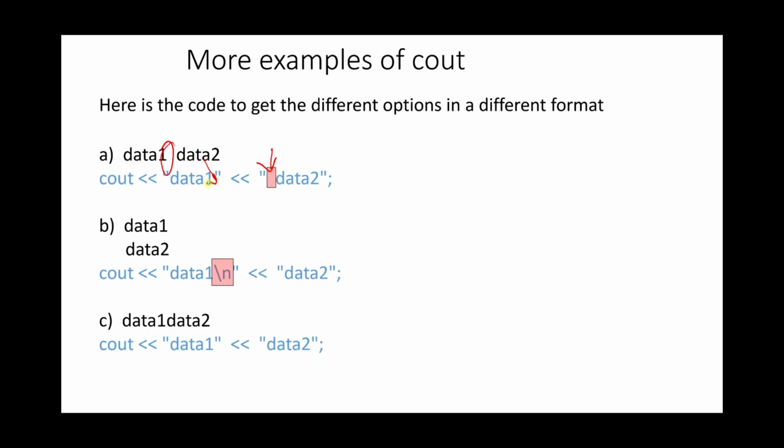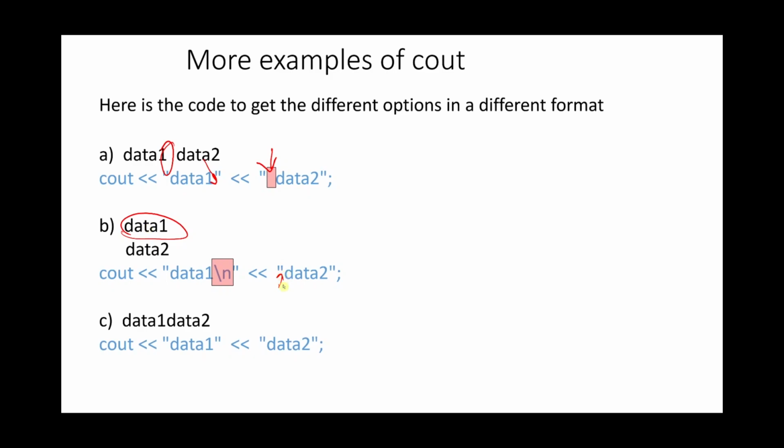If you want them separated, you can do that by adding a backslash n. This is a backslash, not a forward slash. A backslash n after the data 1 word, or before data 2.